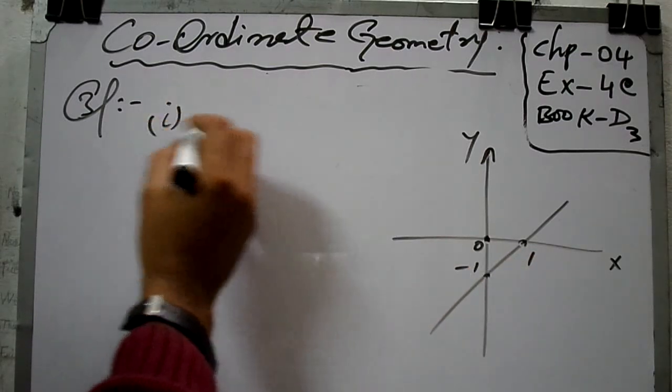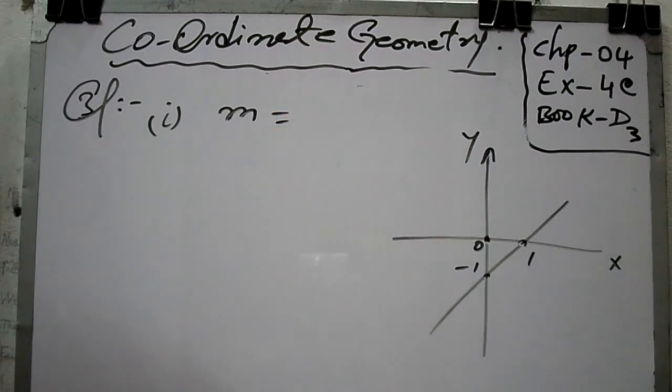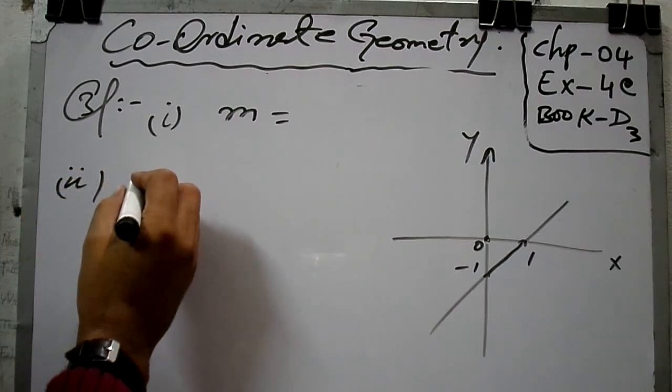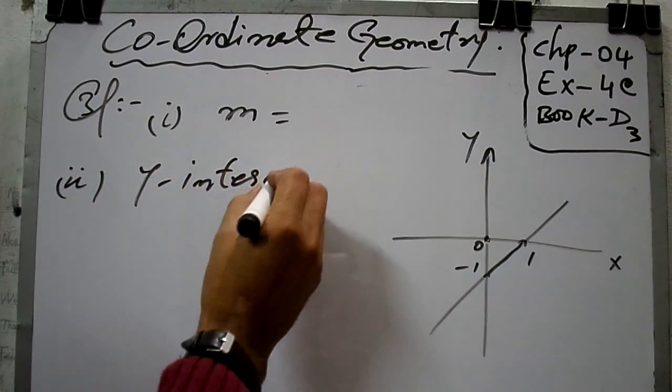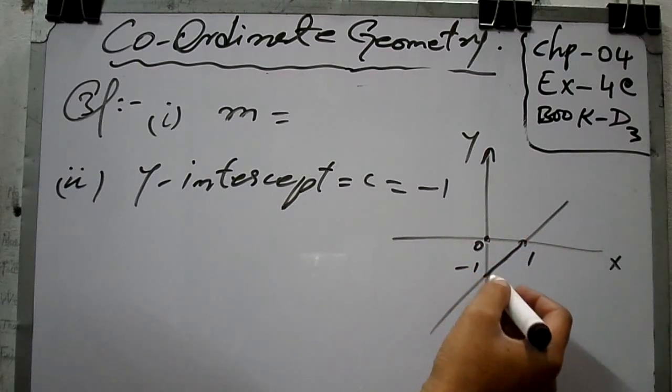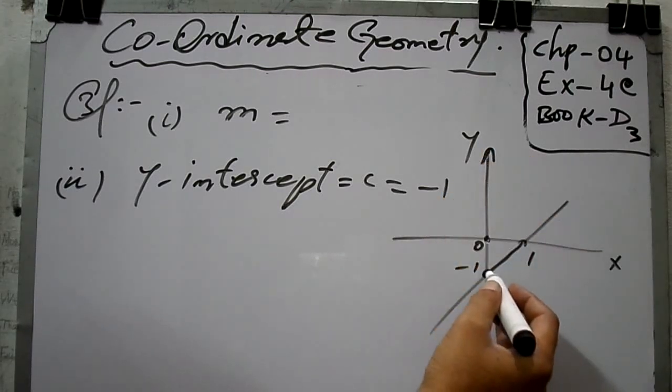So we have to find first the slope, and second the y-intercept. The y-intercept is c, and c is equal to -1, because the line cuts the negative y-axis.